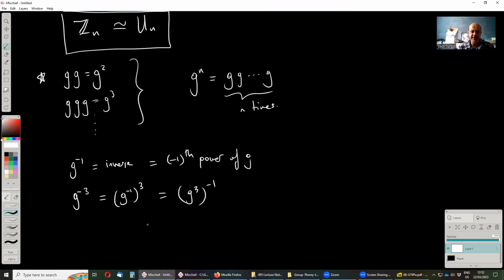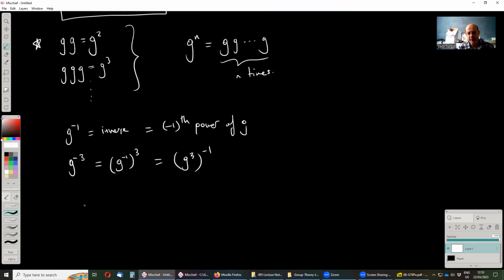So they are actually the same. All of them satisfy this property. So there's one last thing, sorry about this. I'm also going to define G to the 0 as identity. Right, that's identity.